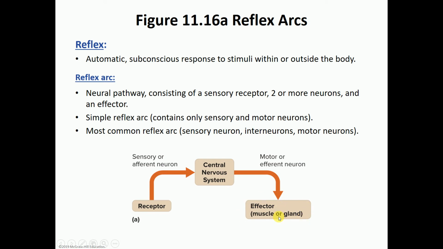Okay, sometimes within the CNS there will be an inner neuron connecting sensory to motor, while other times the sensory would be directly connected to the motor neuron. Okay, so if there is no inner neuron, that's known as a simple reflex, but the most common kinds of reflexes that we have are more complicated, where we do have some inner neurons in the middle.